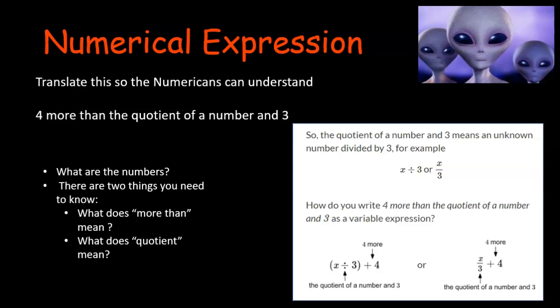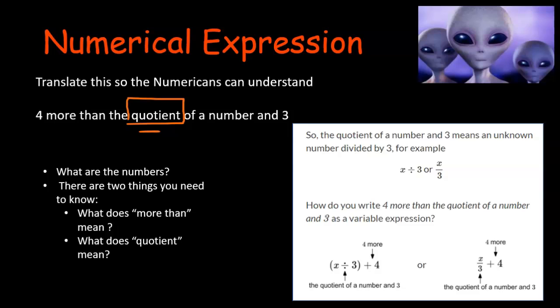So what if we have the word quotient? Quotient. Well, let's read this. 4 more than a quotient of a number and 3. We have to go back and look up what quotient means, first of all. What does this mean? That's a clue word.